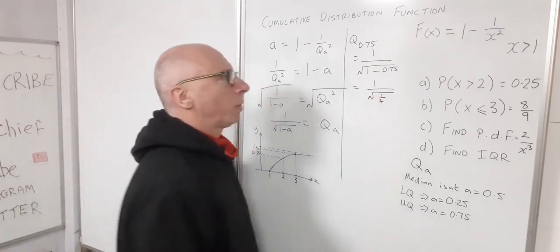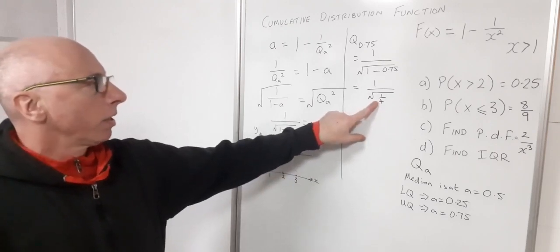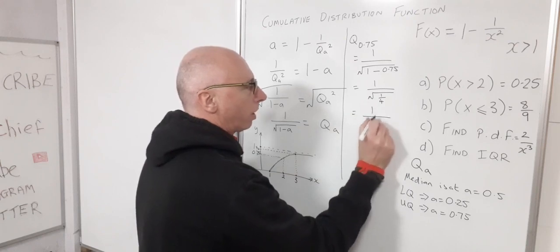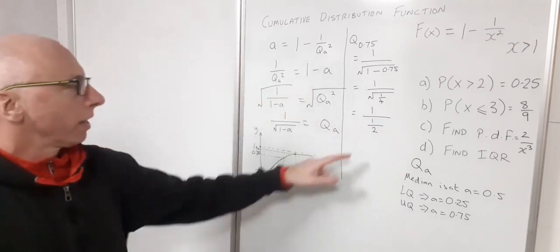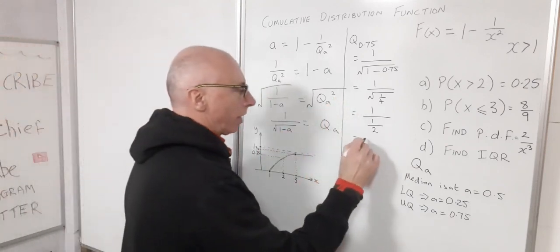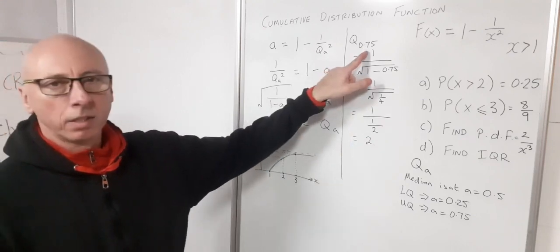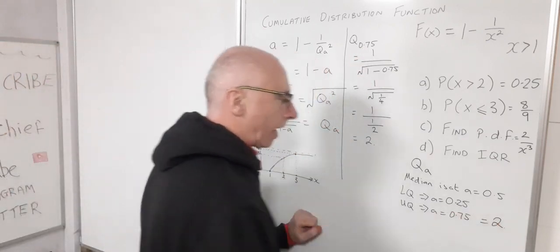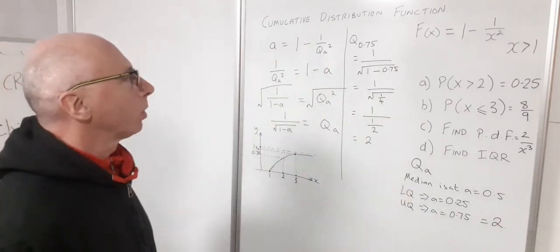So 1 minus 0.75 is a quarter. Well, then that's going to leave me with 1 over the square root of 1/4, which is 1 over 1/2. So then the 2 could go on the top. So then this just equals 2. So our upper quartile is 2. So this one here, just write that down in there. That's the value 2.